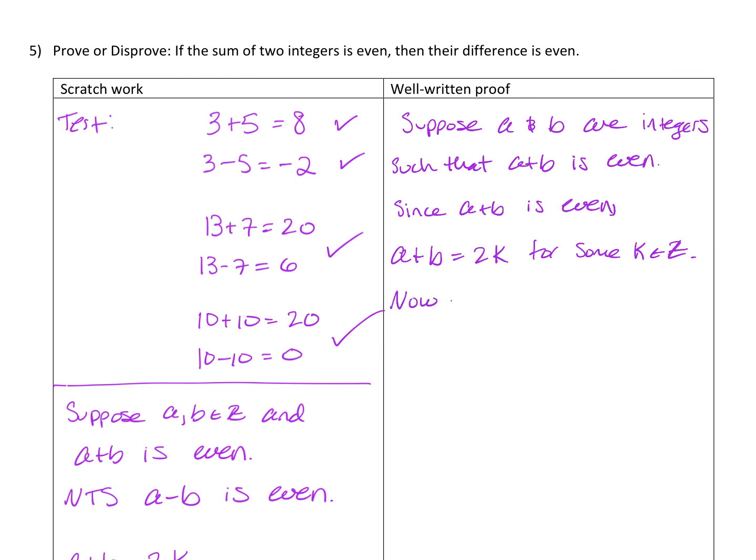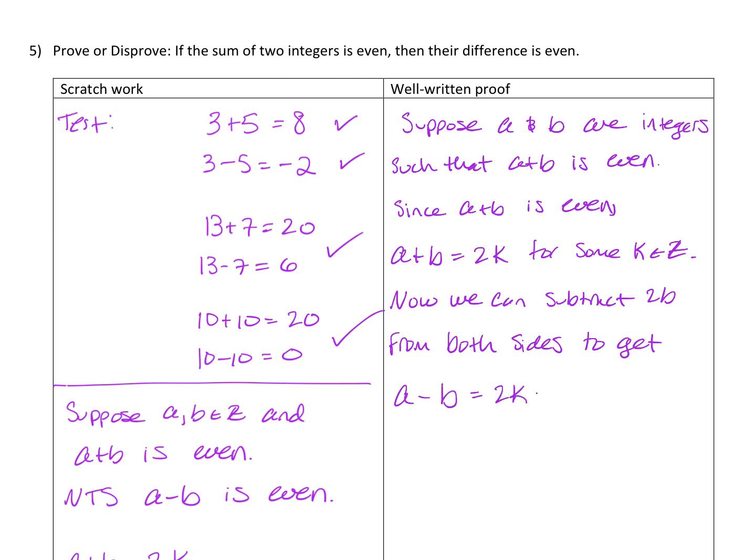Now we can subtract 2b from both sides to get a minus b equals 2k minus 2b, which is 2 times k minus b.